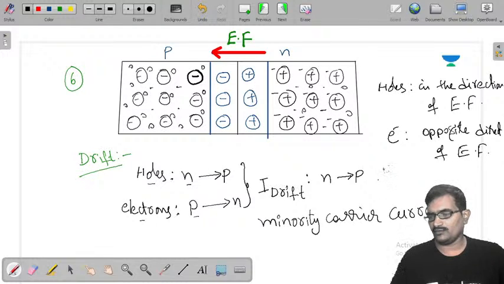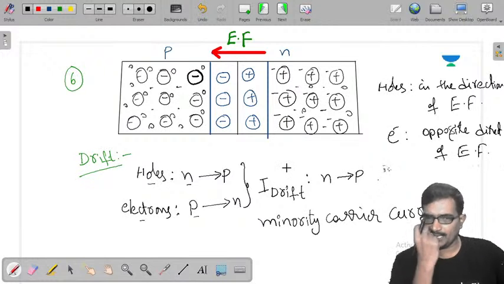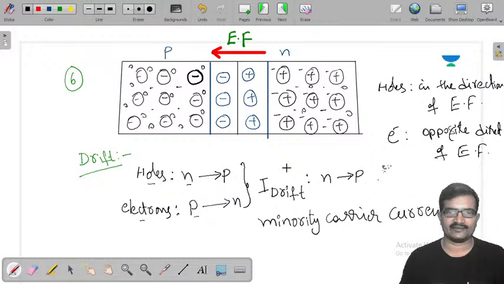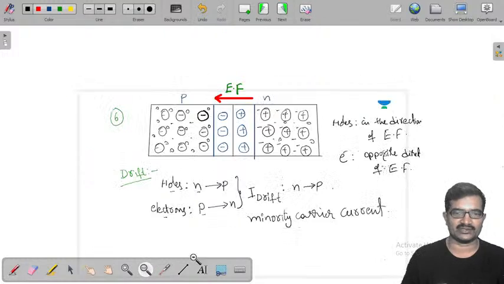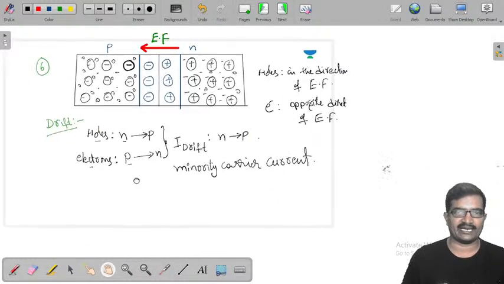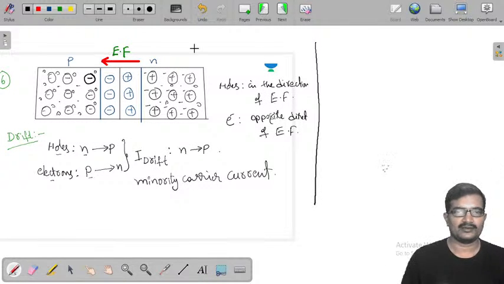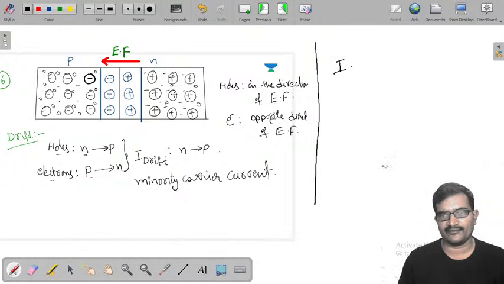Okay, now see this. Previously we got a diffusion current. The diffusion current is due to majority charge carriers, and it flows from P to N. Now what are the currents we observed so far? I am writing those two currents at one point for better understanding. So far we observed two currents, drift current and diffusion current.